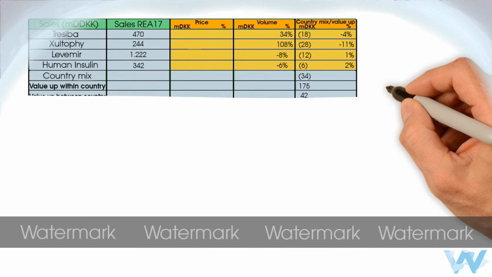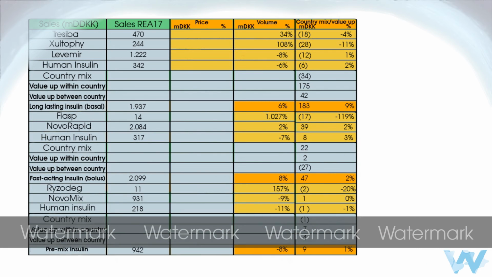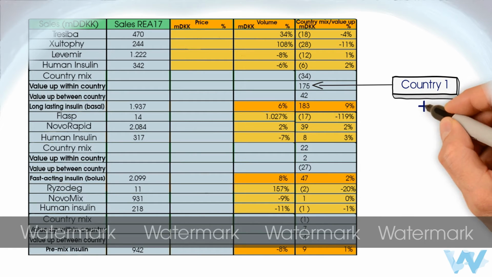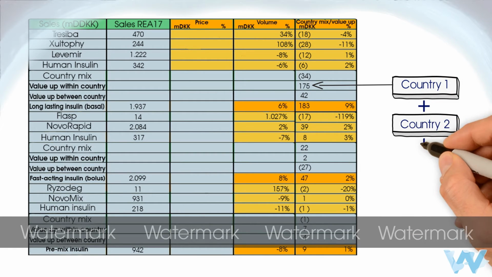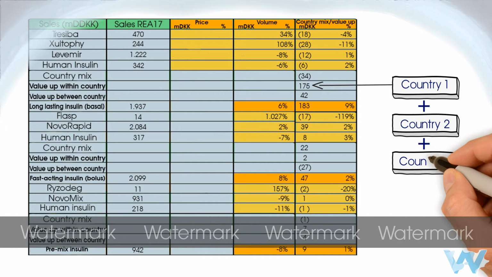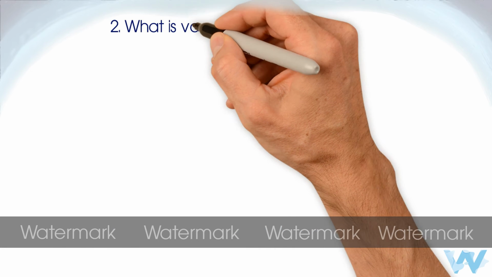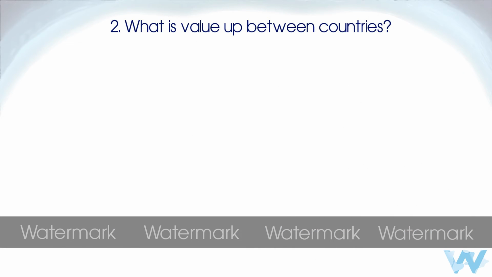Value upgrade is not visible for individual products, since a value upgrade requires a shift from one product to another. But it is visible for all segments and therapies. The value up within country is added together country by country to get the value up on business area and regional level.